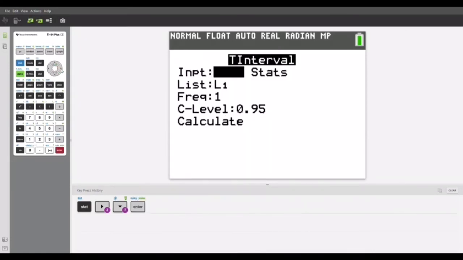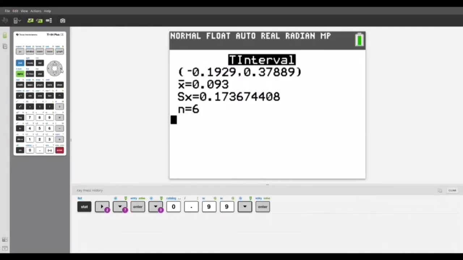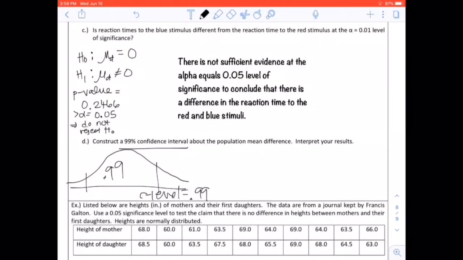We are dealing with data. Again, our numbers are in L1, frequency is set to 1, and our confidence level this time is going to be 99. Calculate. We get our lower bound and our upper bound. From the calculator, we get a lower bound of negative 0.379 and an upper bound of 0.193.